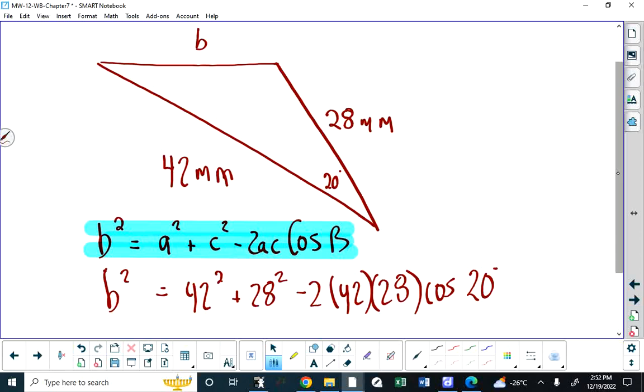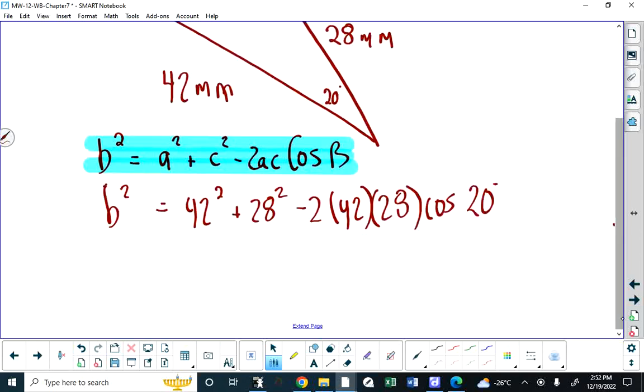Side squared equals side squared plus side squared minus 2 times side times side times cosine of the angle. And once you get used to setting that up, remember what I've told you, this is just a number. It's some number that b squared will be equal to. So you figure out what that number is. Are you okay, Carter? You okay? You figure out what that number is, and then you take the square root. It's that simple.